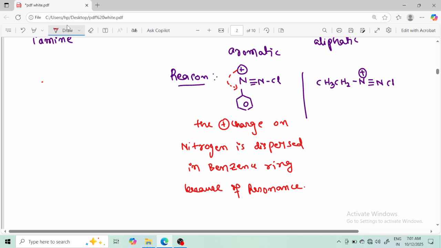Because of the presence of this C6H5, it can show resonance easily, okay, got it or not? So that's why this positive charge is equally dispersed in the benzene ring. You just have to write that statement.